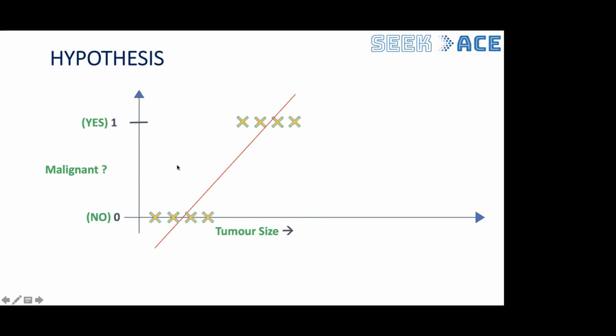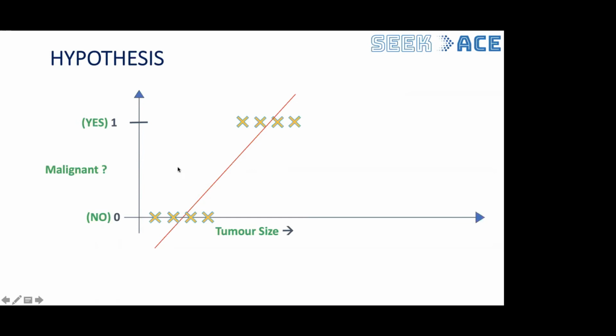For any tumor size we will get a value from the equation of this line, y equals beta 0 plus beta 1 x. For a certain tumor size x, we will get a value between 0 and 1. Because this is linear regression, we get a continuous value.